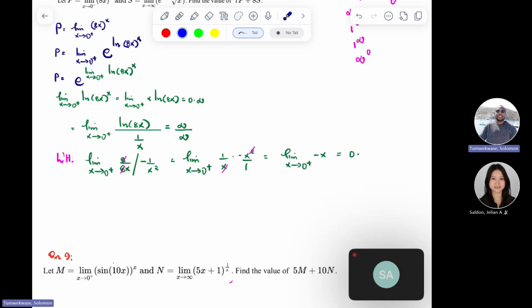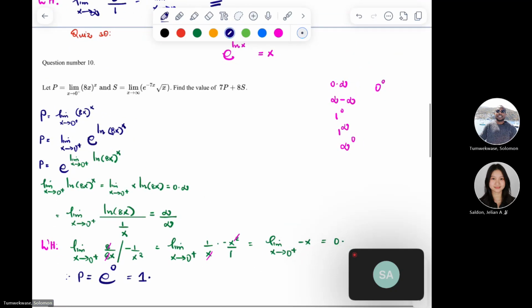Okay, I hope you see that. So therefore, my P is the same as e to the power everything in green, but everything in green has given me a 0, so this is e to the power 0, and therefore my P is equal to 1.